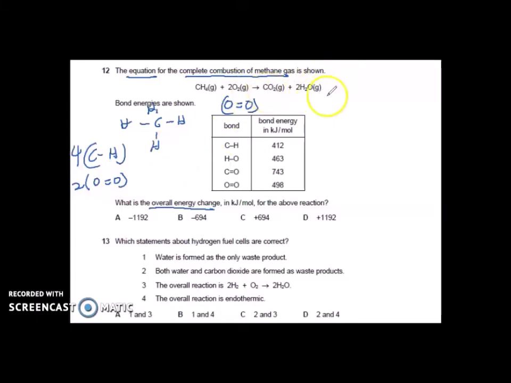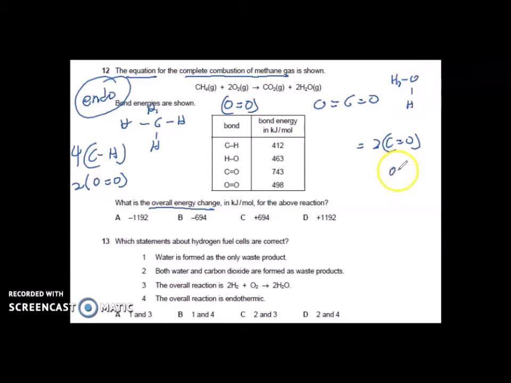At this part, this is the formation. To break bonds is endothermic. This is for carbon dioxide, so you have this times 2, and for hydrogen you have this. So OH you have to times by 4 because it's 2 here.